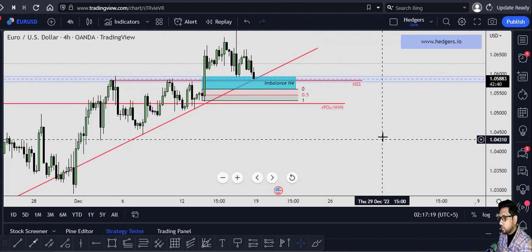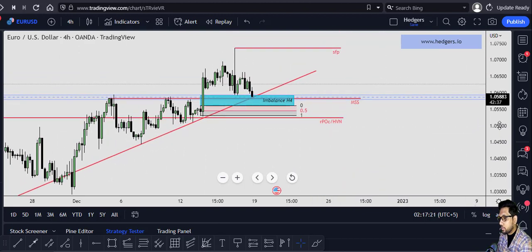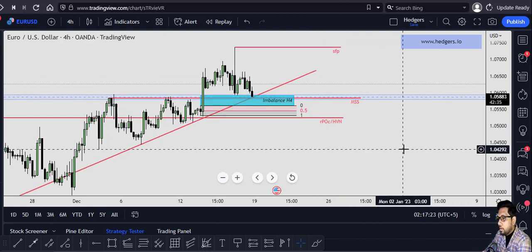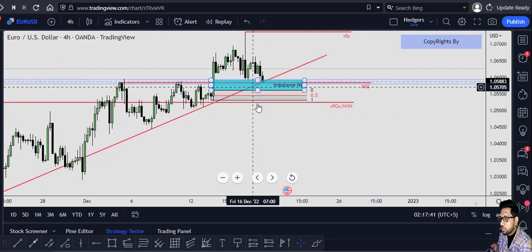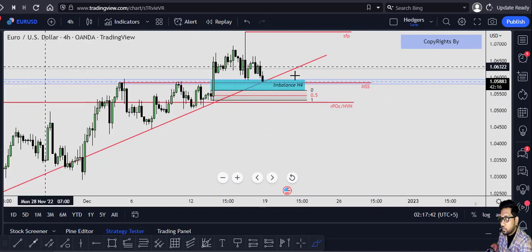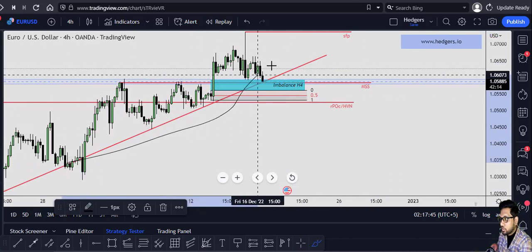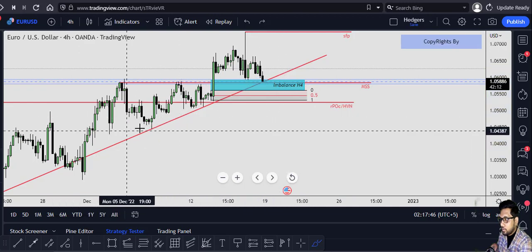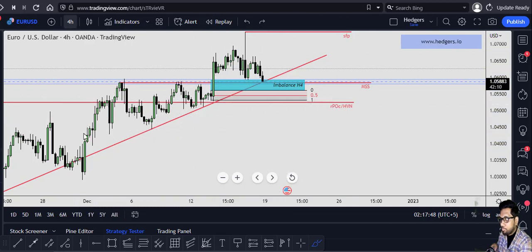Yeah, odds are really high that this pair is going to break the market structure and this trend line. High chances for the break of this trend line.